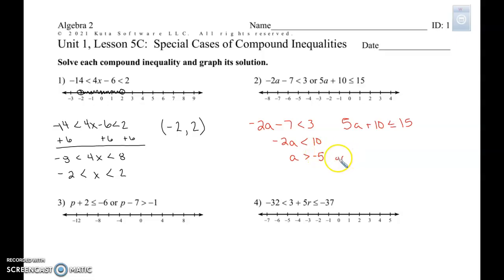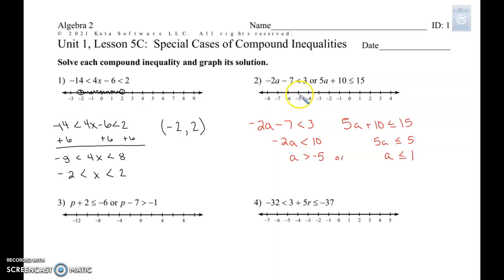This is an or, so it can be this or this. So minus 10 from both sides, so you get 5a is less than or equal to 5. Divide everything by 5, so a is less than or equal to 1. Okay, so this looks normal when you're solving it out, but when you go to put it on the graph, you're going to have a is greater than or equal to negative 5.